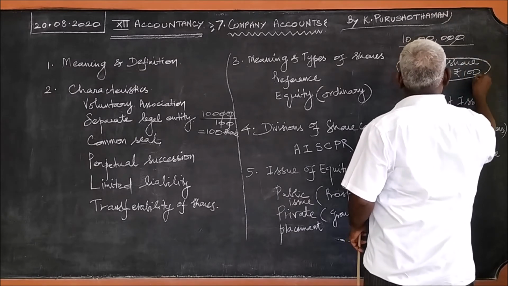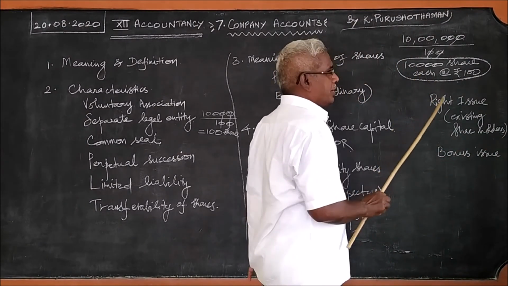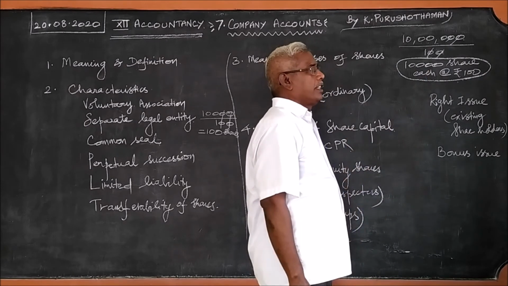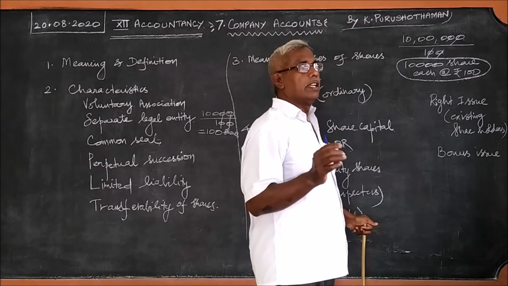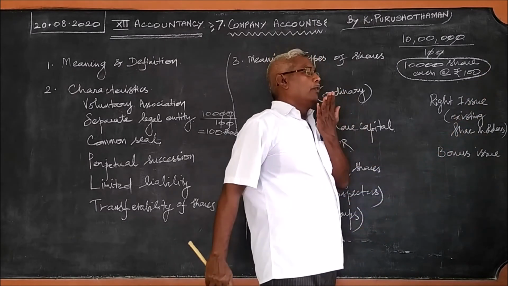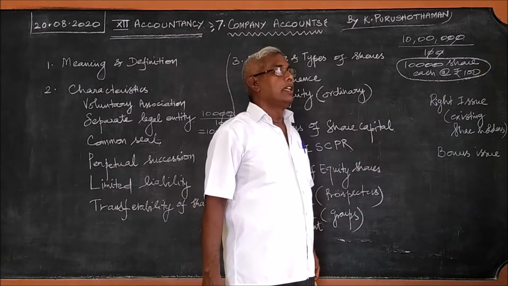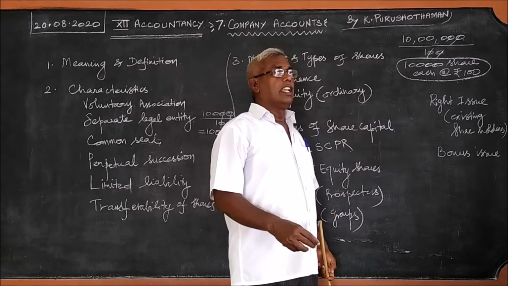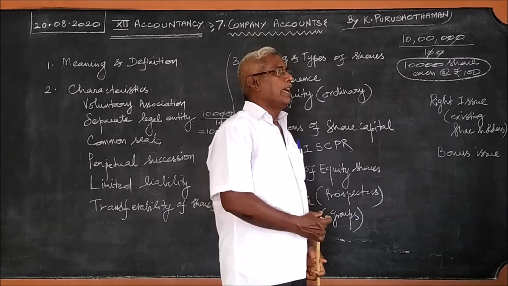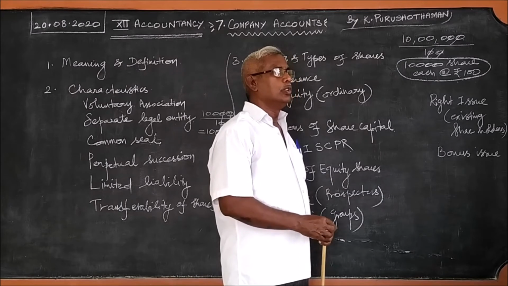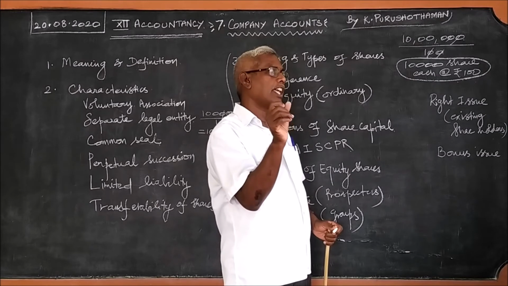So the company will issue these 10,000 shares, and those who are interested can buy the shares by simply paying rupees 100 for each share. Suppose I want to buy 10 shares, 10 into 100, 1,000 I can pay. If I want to buy 100 shares, 100 into 100, 10,000 I should pay. And therefore, the capital is divided into small units. Those small units are called shares.